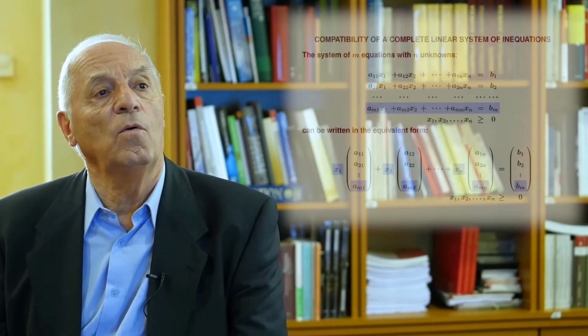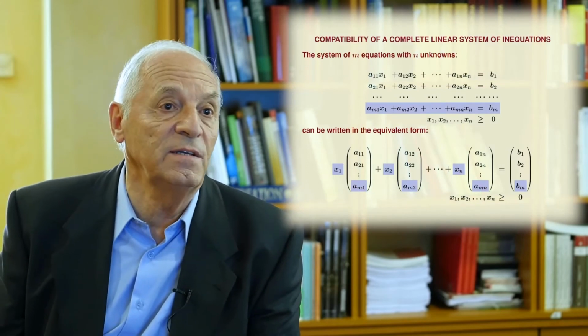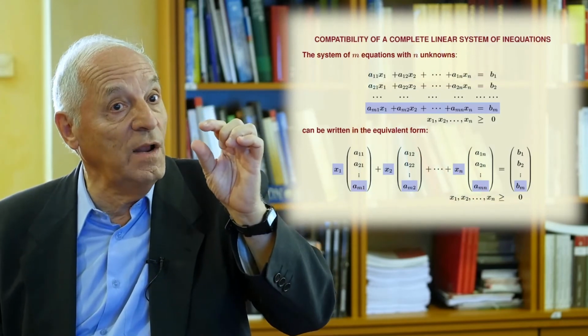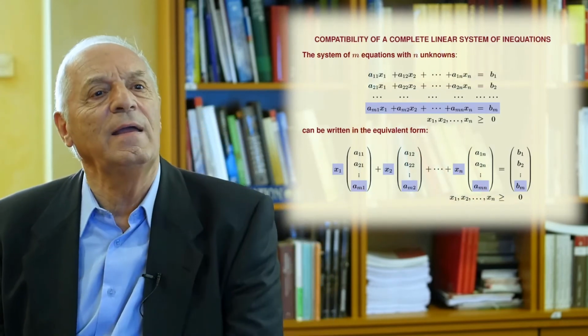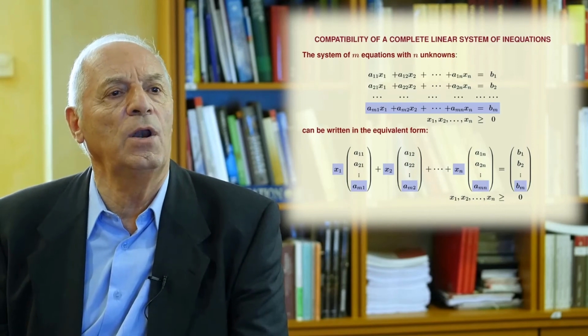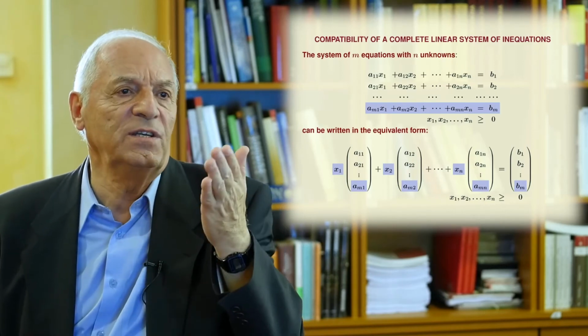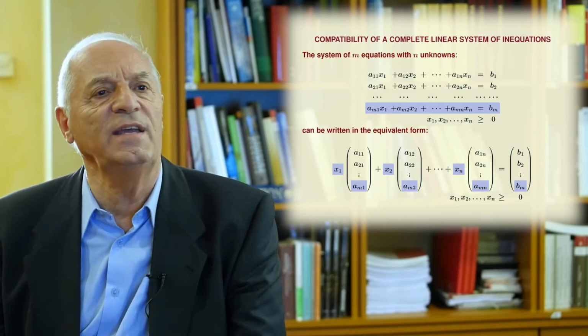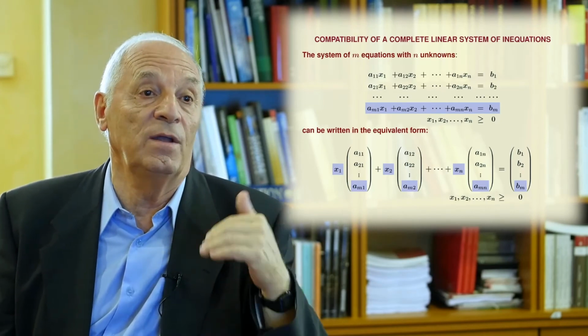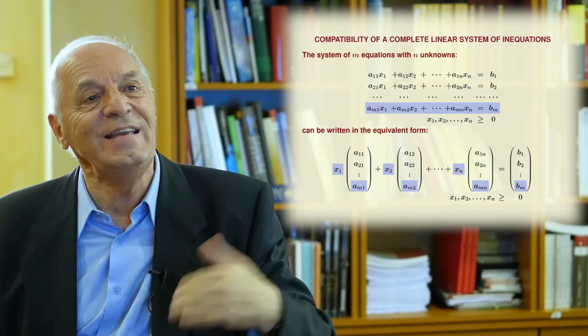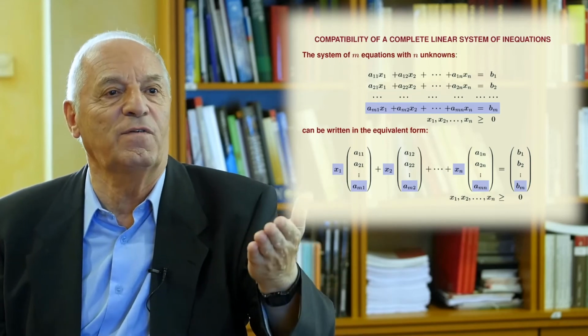In the case of compatibility of these systems, we are going to study a particular case. We have equalities, or inequalities, but all the unknowns should be non-negative. Although this appears to be a very particular case, we can demonstrate, and we will do it in the course, that any system can be transformed in this form.